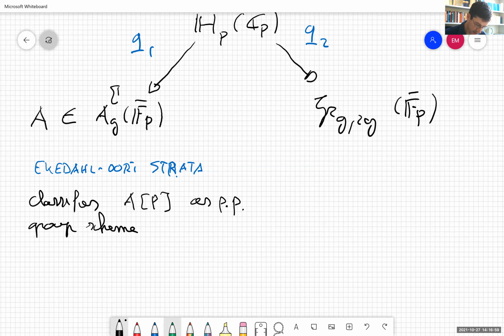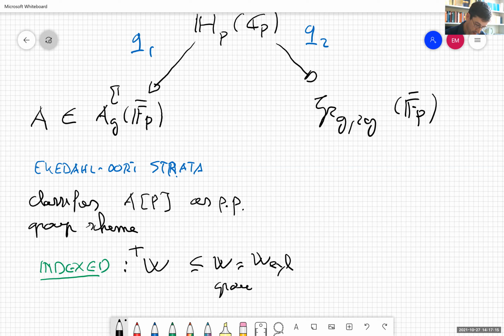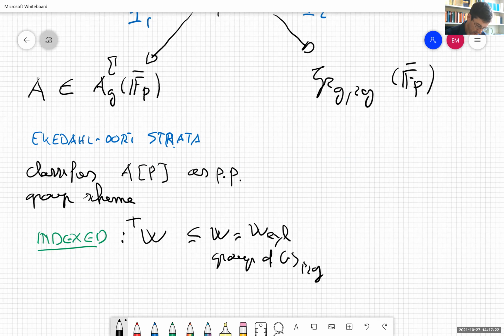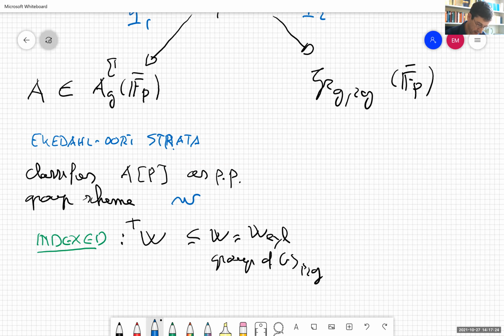These strata are indexed by a certain subgroup inside W, which is the Weyl group of GSp_2g. And if I have an element w in here, I will denote E_w the corresponding stratum here.